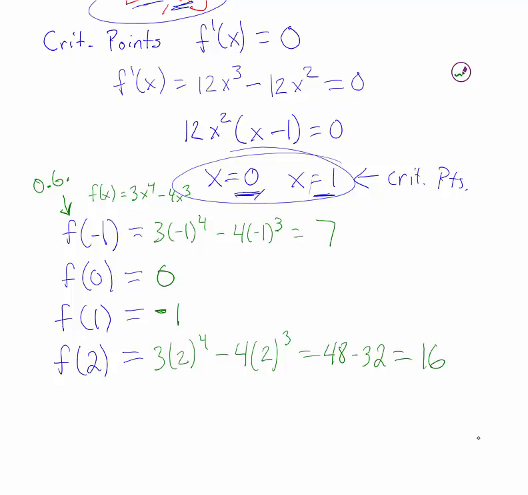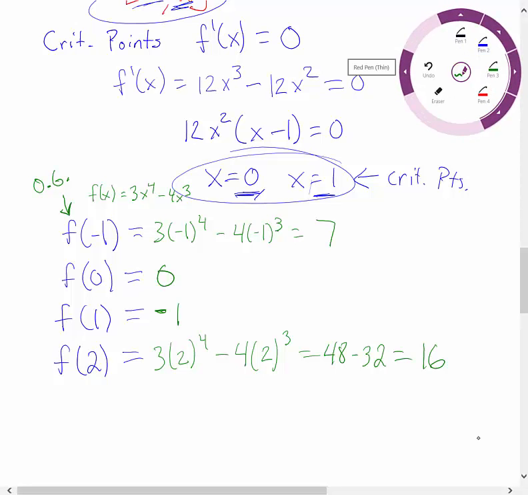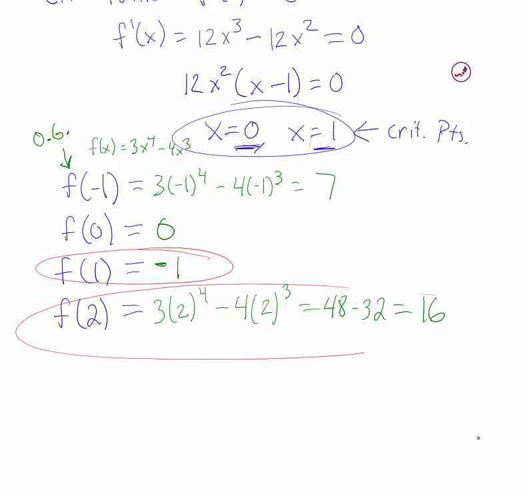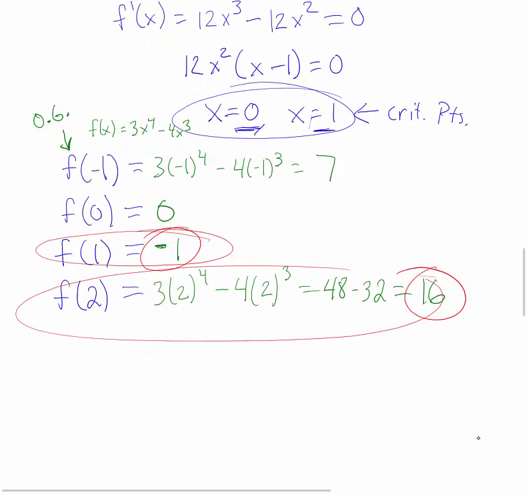So now that we've checked every point, we're trying to find the extreme values, so our smallest value and our biggest value. Well, there's my smallest value, and there's my largest value. -1 was the smallest, 16 is the largest. So this is going to be our minimum and our maximum.